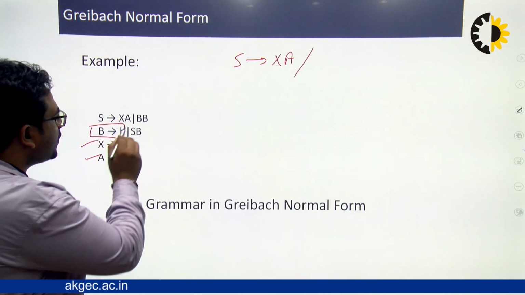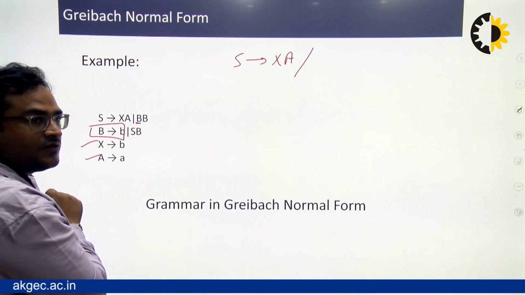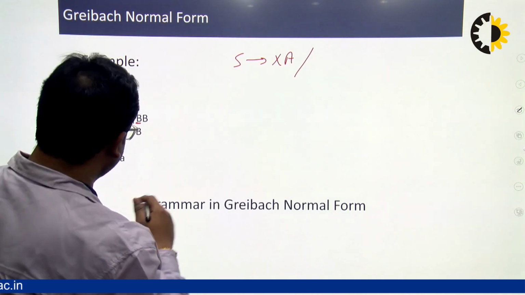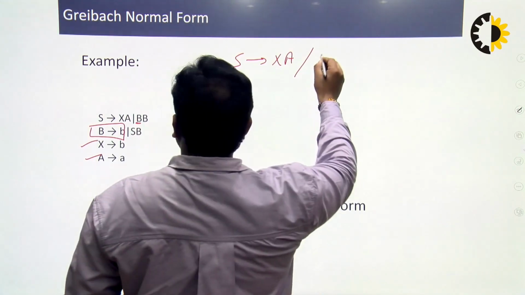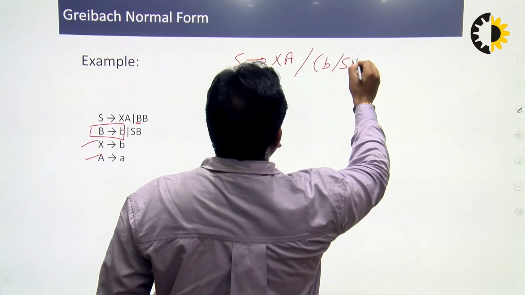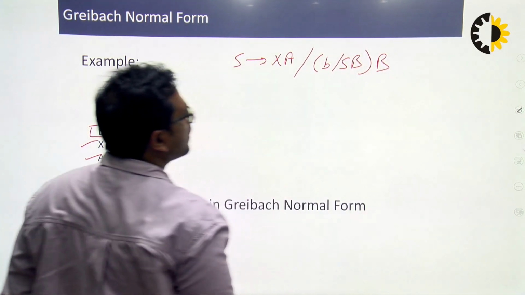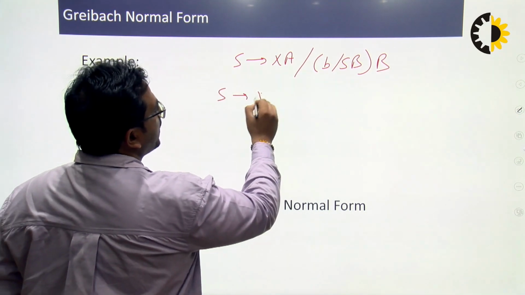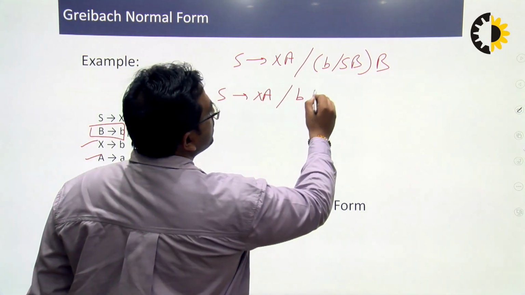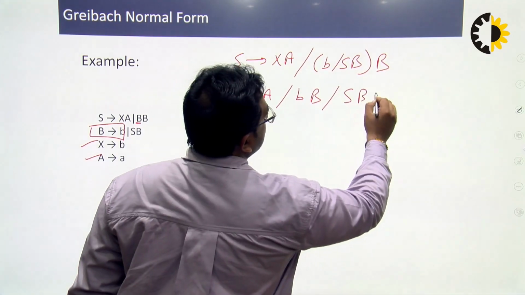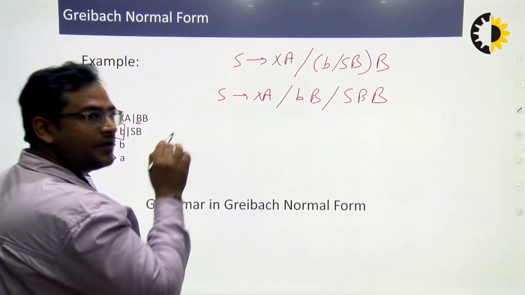So we put the left B value. In the place of B, we write B or SBB. So S tends to XA or B or SBB. Now it is in left recursion form.